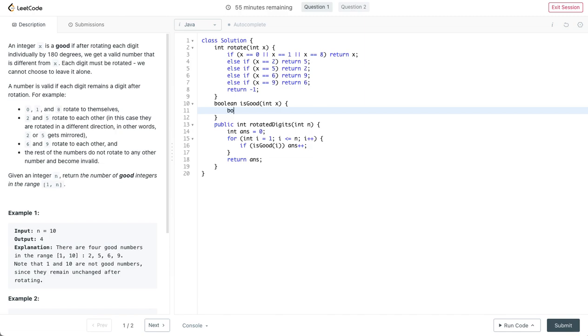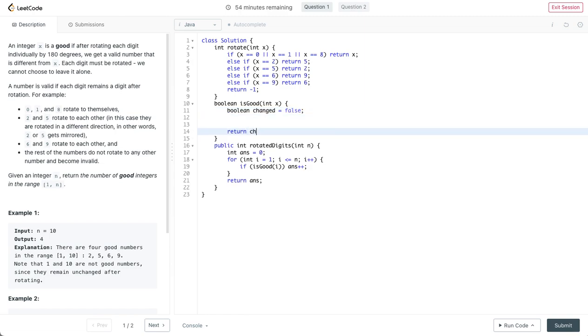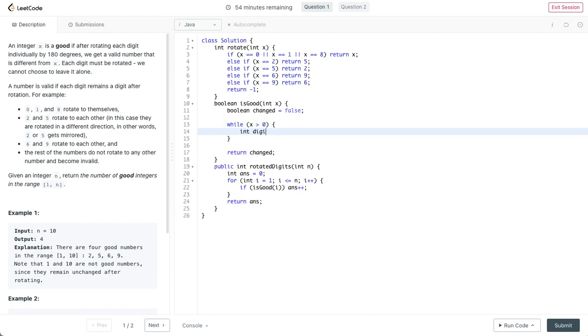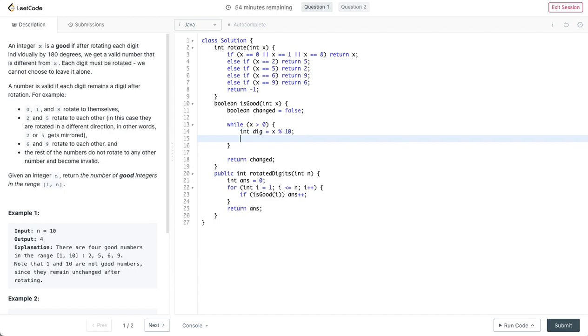Right, changed equals to false first, returns is changed. So just do for every digit while x is greater than 0. Digit is x mod 10. Rotate, let's say r.